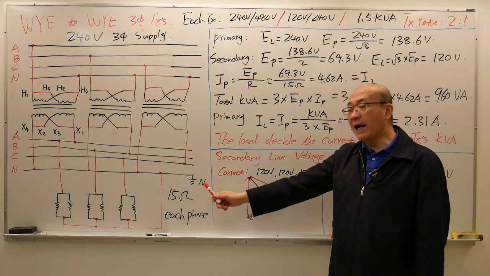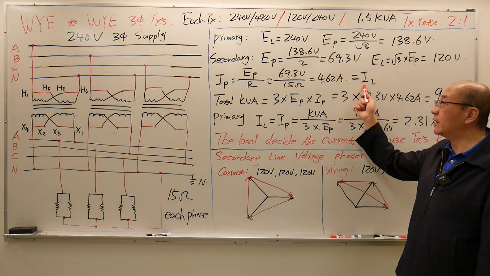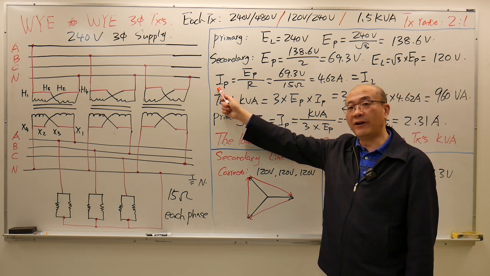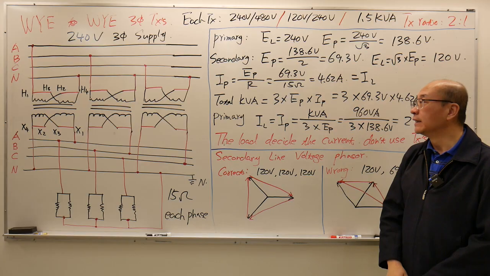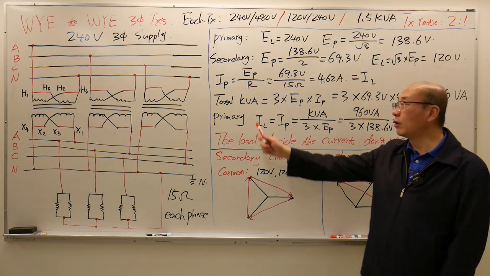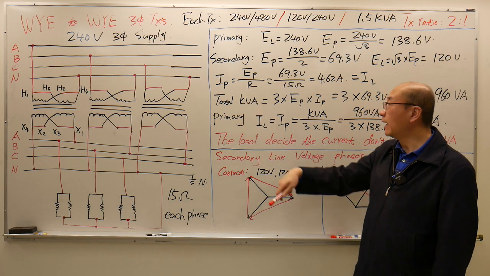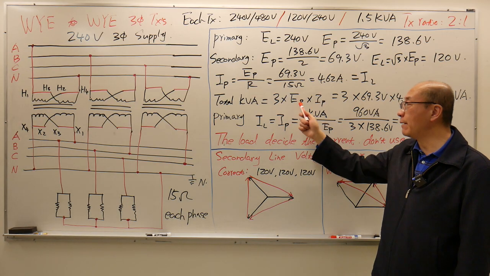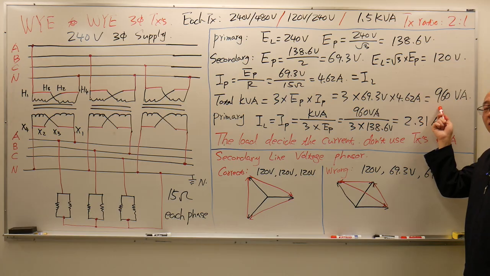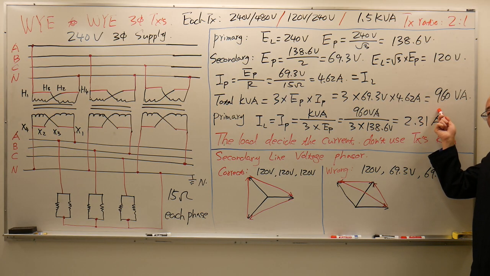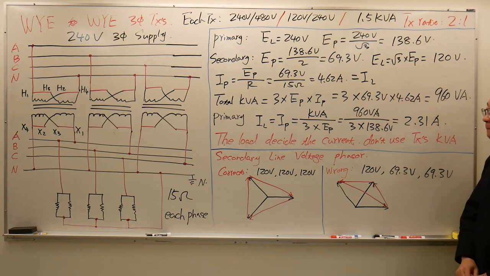Because it's a Y connection, the line current is equal to the phase current. It's also 4.62 amps. Now I can calculate the total load kVA. I use the phase values, 3 times E phase times I phase, gives me a total of 960 VA. Because it's a fully resistive load, you can also call it 960 watts.